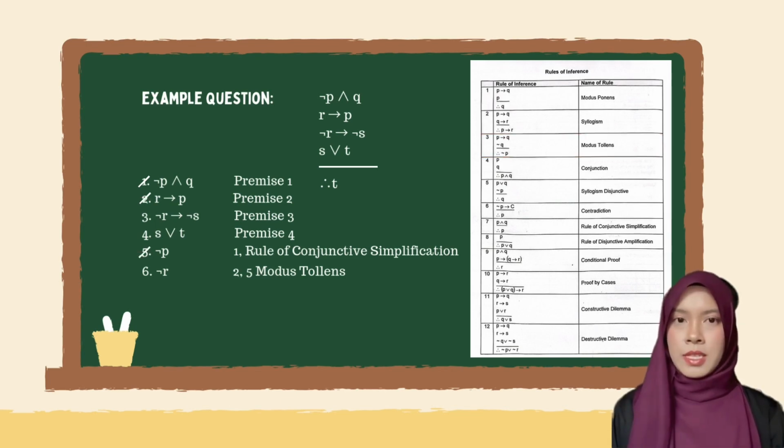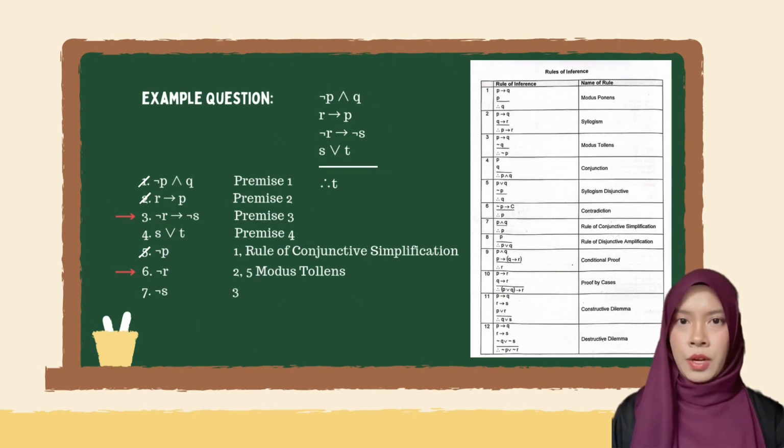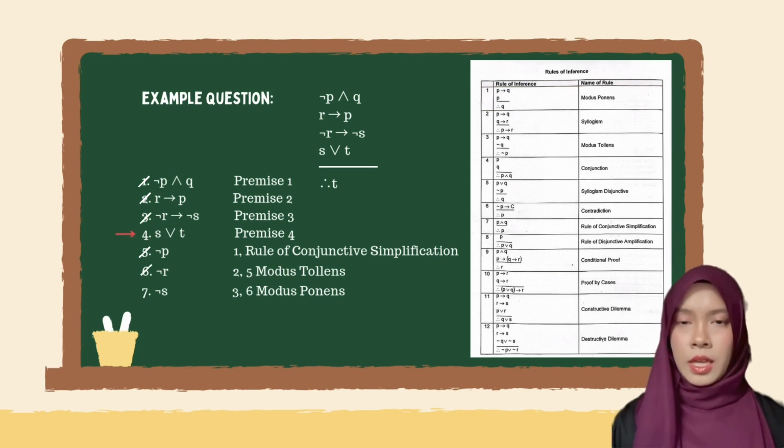Now, from premise 3, which is if not R, then not S. In number 6, we have not R from the previous step. So right now, we can apply modus ponens for number 3 and 6. By applying modus ponens, the not R will be gone and leaves with only not S for number 7. For the last step, we use premise 4, S or T, and we have not S in number 7.